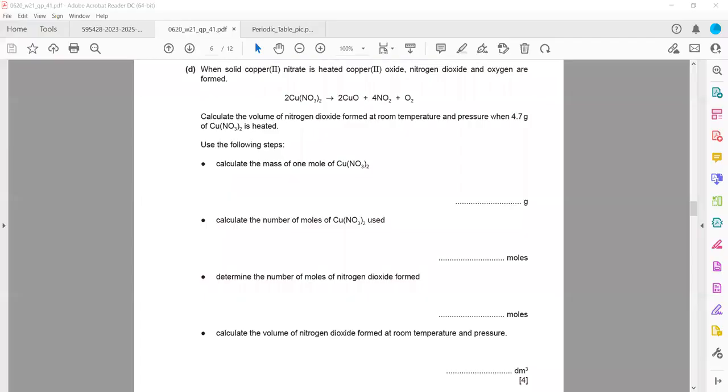So the final answer will be 1.2 decimeter cube. So first we got 188. Then using a formula, we got 0.025. Then using a ratio, we got 0.05. And then again a formula. So formula, ratio, formula. Is it clear how we did this question related to moles? Yes.